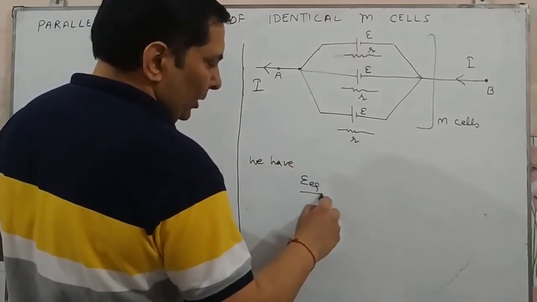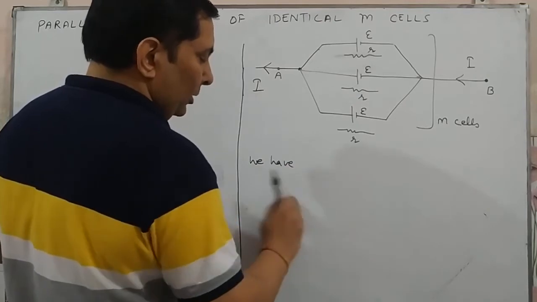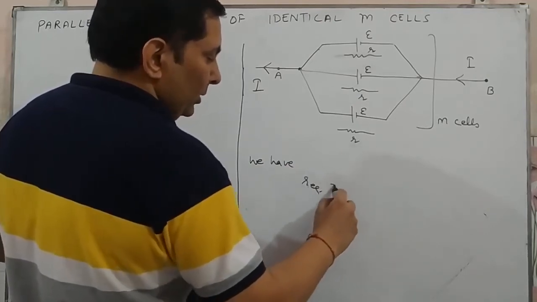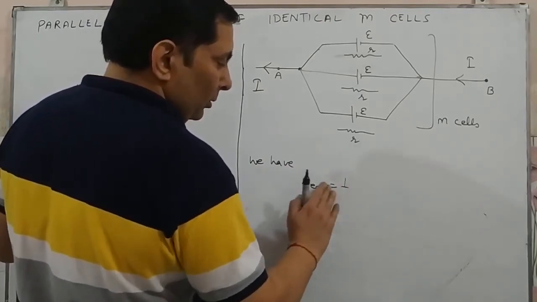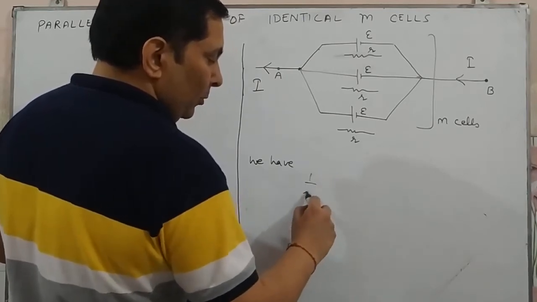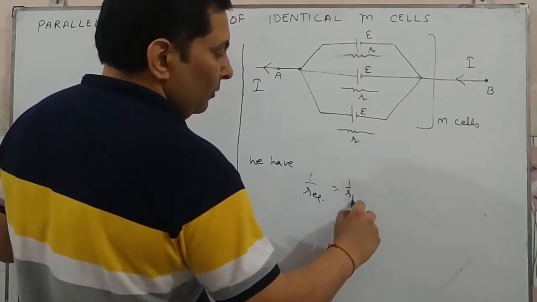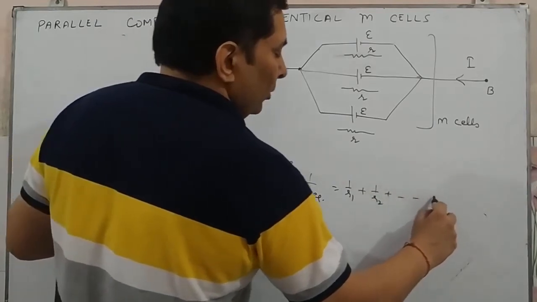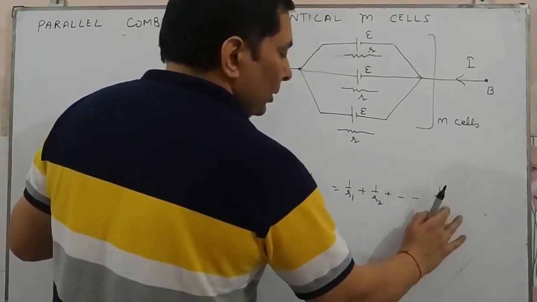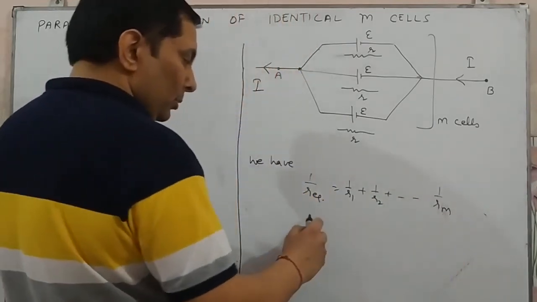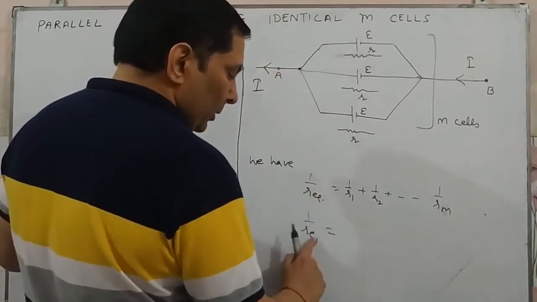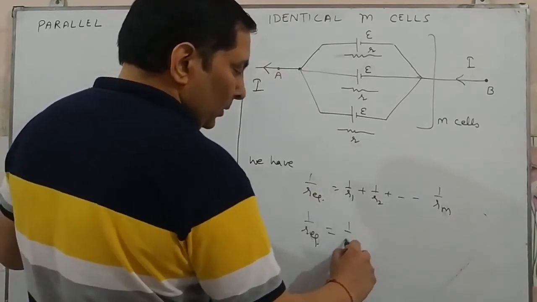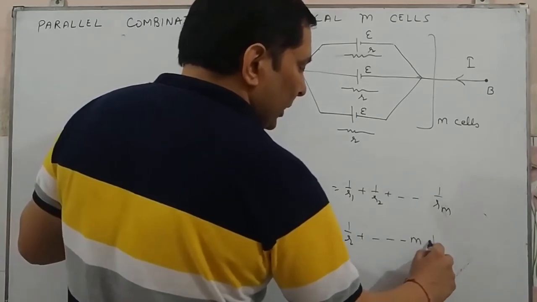1 upon R equivalent is 1 upon r plus 1 upon r up to 1 upon r, m times.